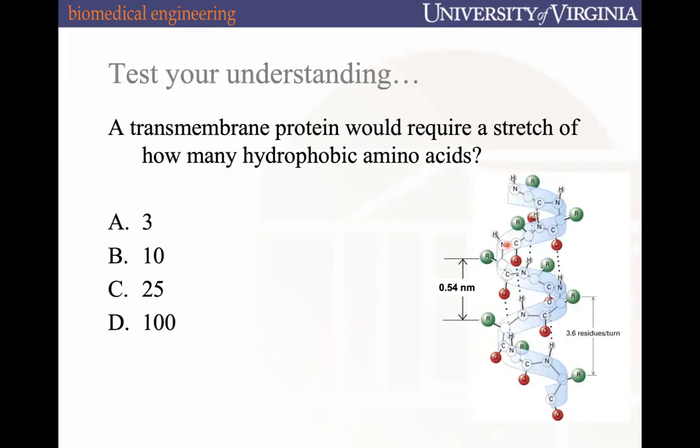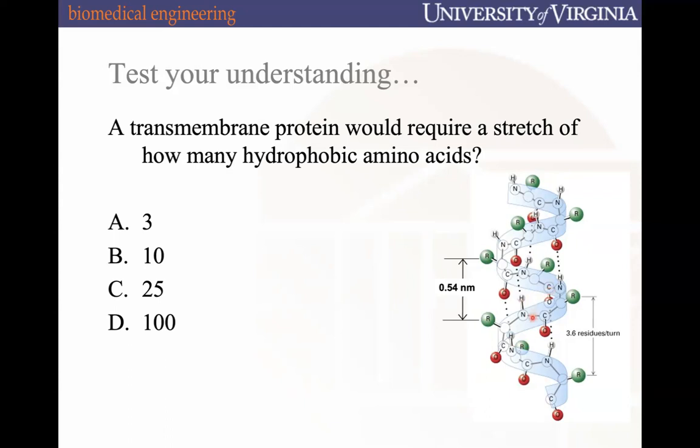Okay, so we're going to do a little test. I know you guys just finished one, but this is low stakes. Just to break out our math brains a little bit: if we know that the thickness of our cell membrane is 4 nanometers, and we know that one rotation of our alpha helix is about half a nanometer, with about 3.6 or 3.5 residues, or side chains, per single turn, we're going to do some quick back of the envelope calculations.